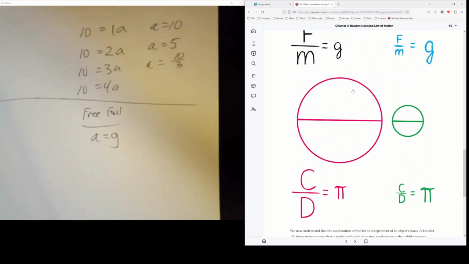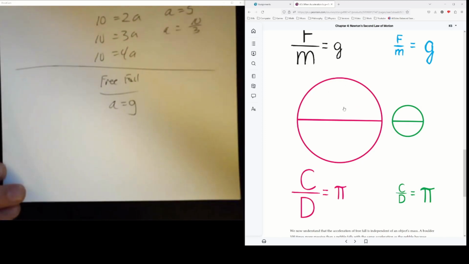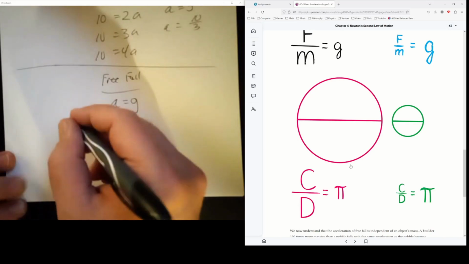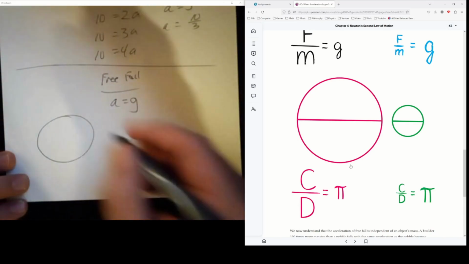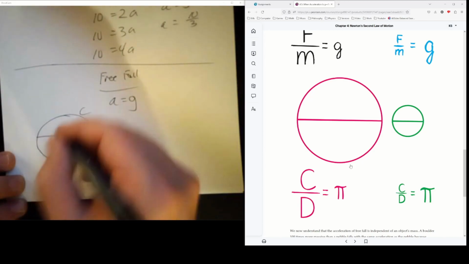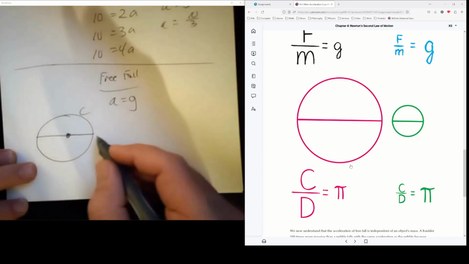Well, here's another math thing. I don't know if you know where pi comes from, but the circumference of a circle is the length around it, and the diameter is when you pass through the center, going from side to side.